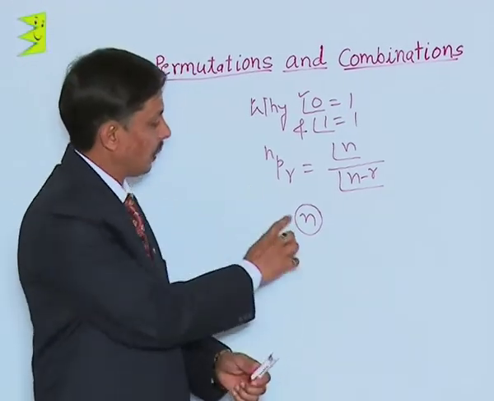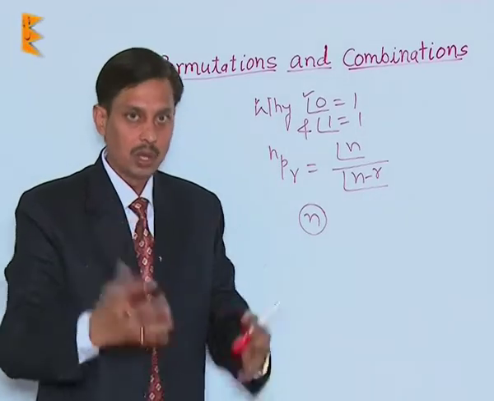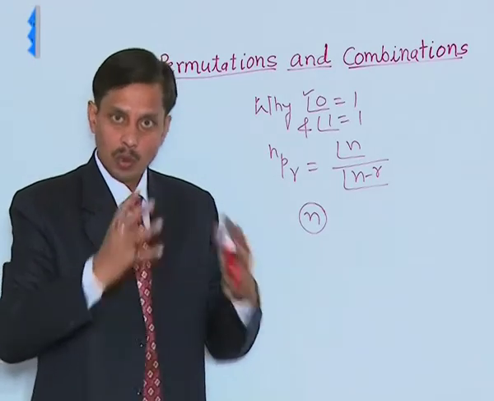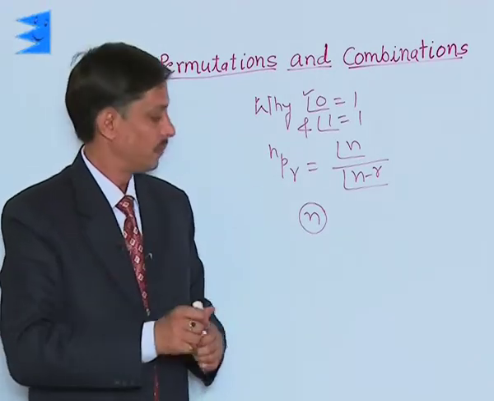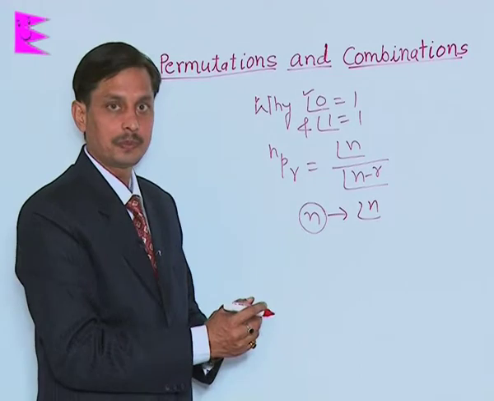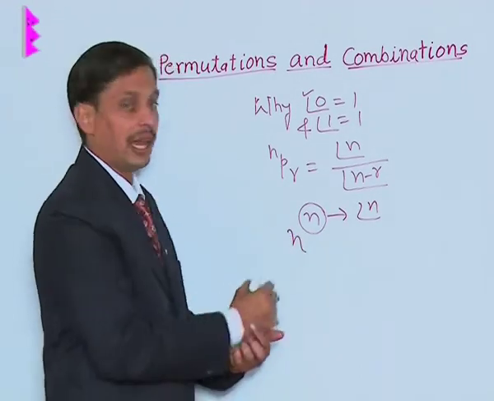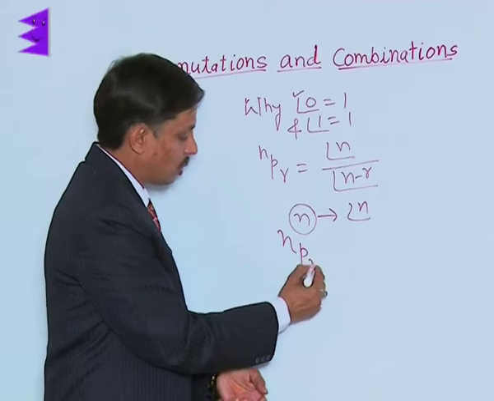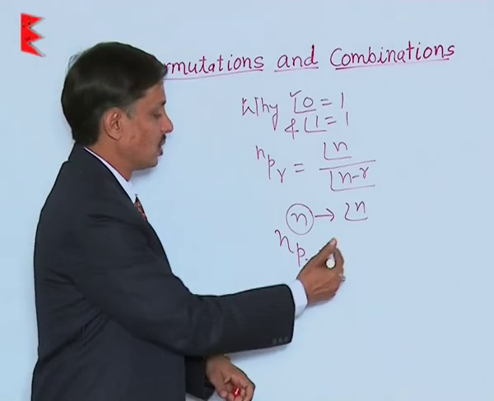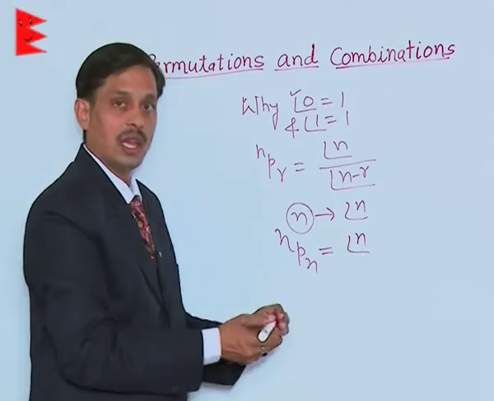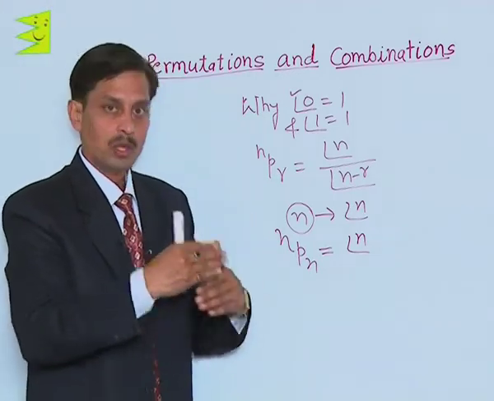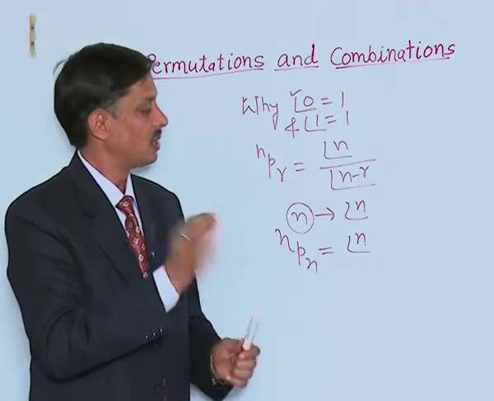So here, if you have n objects and out of the available n objects you want to opt for all, in different orders, then the total number of arrangements is factorial n. Out of n available objects, you want to take all, but order matters, so the answer is factorial n. If you want to arrange 10 items in a row, taking 10 out of 10, the answer is factorial 10.